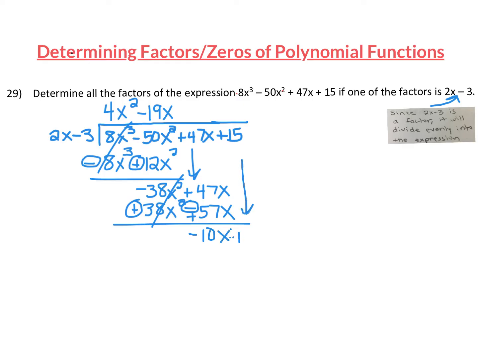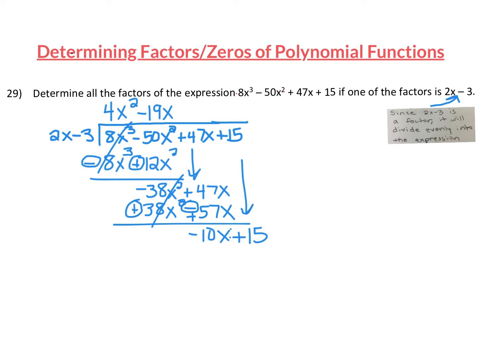And this should be our last step. And remember, there should not be a remainder. If 2x minus 3 is a factor of this expression, it should divide evenly into it. So if we wind up with a remainder, I've got to go back and find the mistake. Okay, so we're going to say, what do I multiply 2x by to give me negative 10x? So just negative 5.